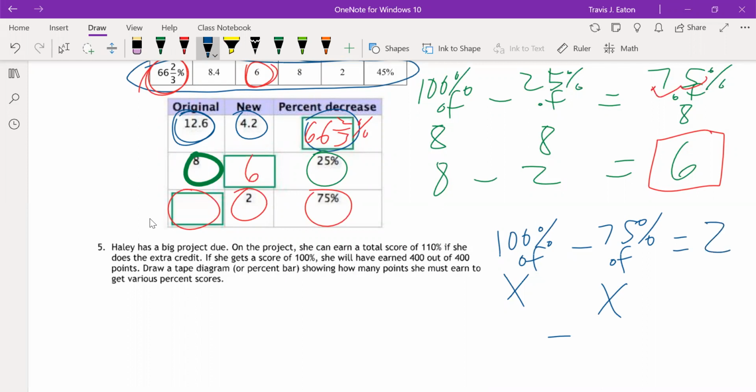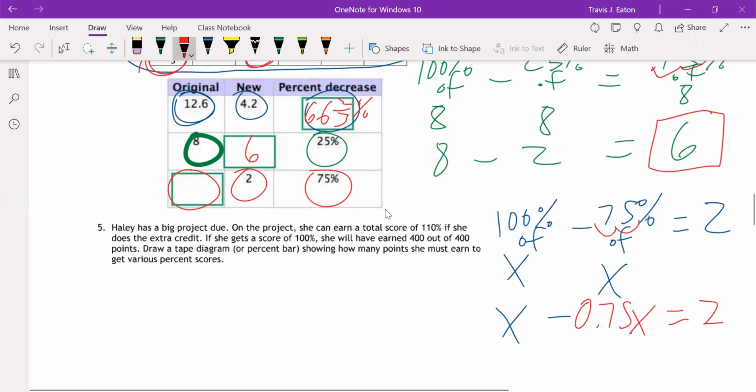So 100% of x, that would be 1 times x, which is x. 75% of x, well, then we multiply 75%, which as a decimal would be 0.75 times x, which would be 0.75x. And that's going to equal our new amount, which was 2.